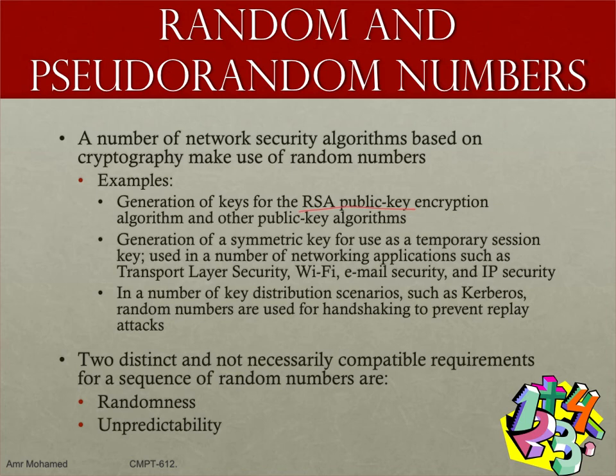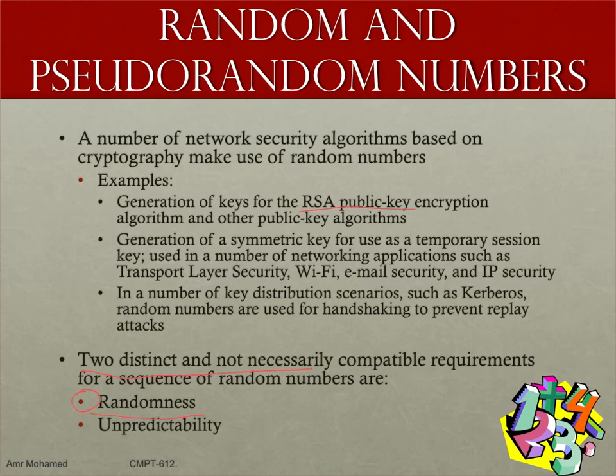So there are two distinct characteristics that have to be fulfilled in any random number generator. The first is that it has to be truly random, and we will see how we measure the level of randomness for any sequence of bits.